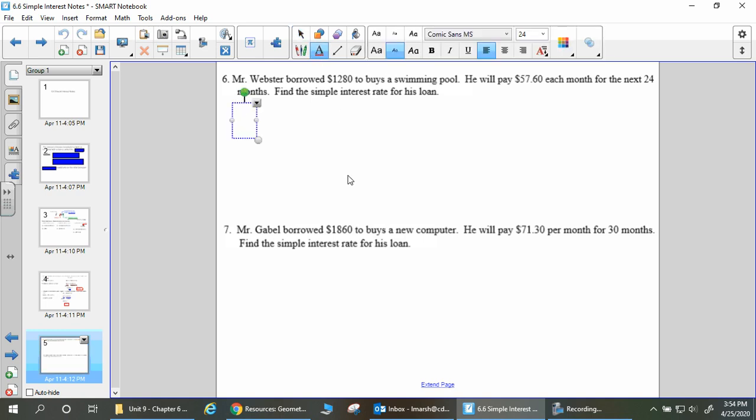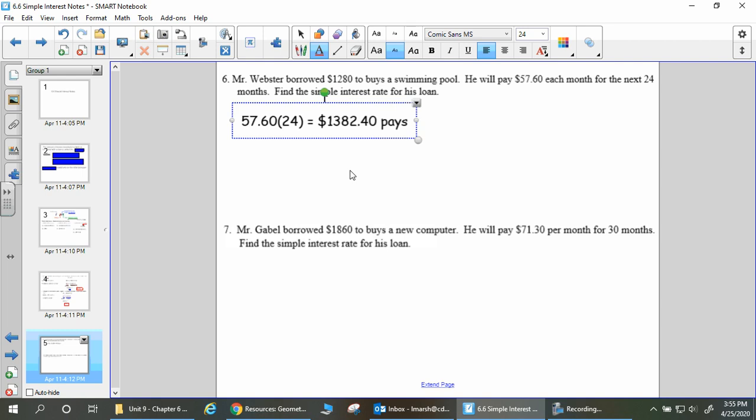If he pays $57.60 each month for 24 months, this time they gave me the months, so $57.60 times the 24 months, that's $1,382.40. This is what they pay.